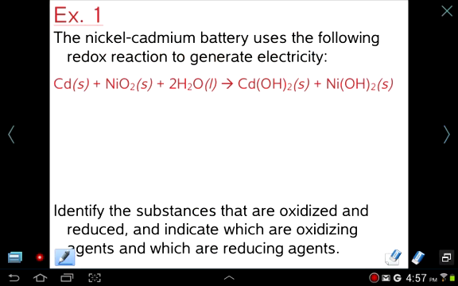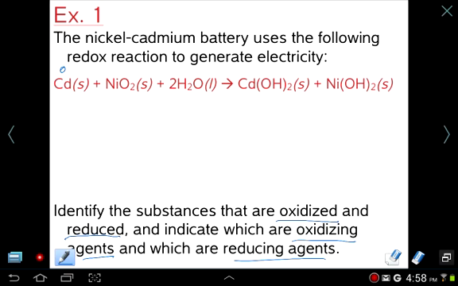And here it says, in the nickel-cadmium battery, it uses the following redox reaction to generate electricity, and they want us to identify the substance that's oxidized, the substance that's reduced, and then indicate the oxidizing agent and the reducing agent. In order for us to do this, let's go ahead and assign oxidation numbers. Now cadmium on the left side, since it is elemental, will have an oxidation number of 0.